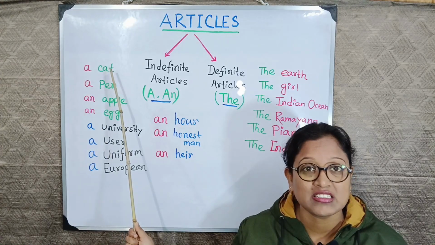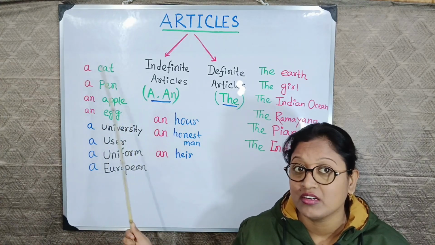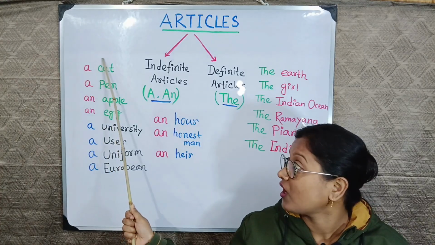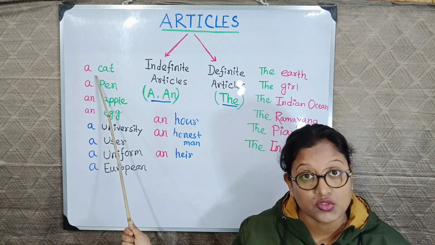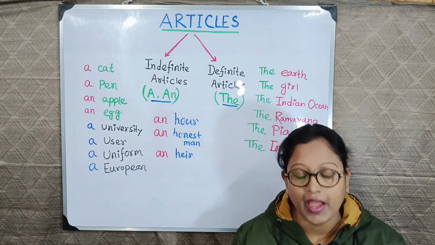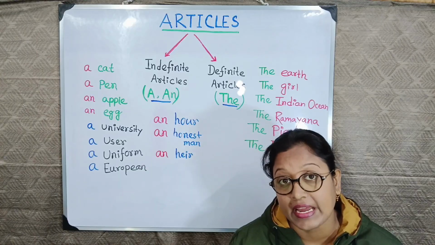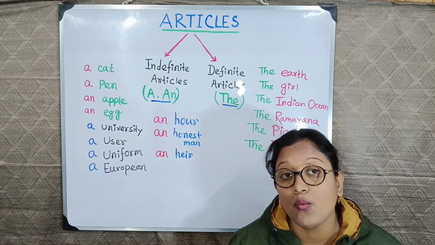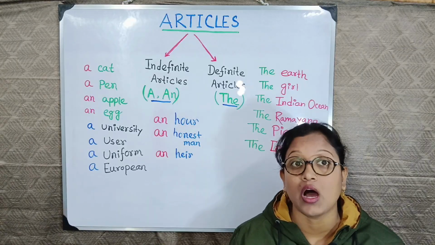A cat, a cat, a cat. The word starting with a consonant sound, a consonant letter, there we will use a. And one exception, when it creates a vowel sound U, there also we will use a.